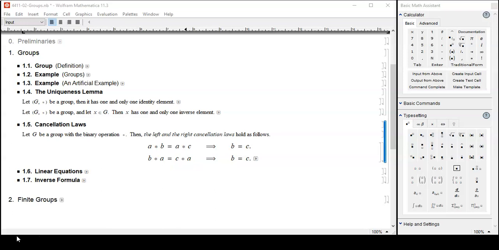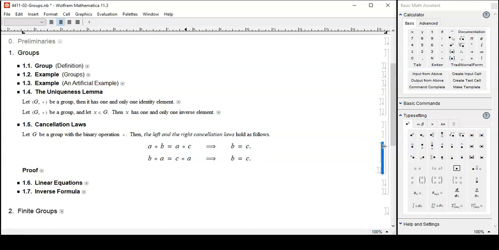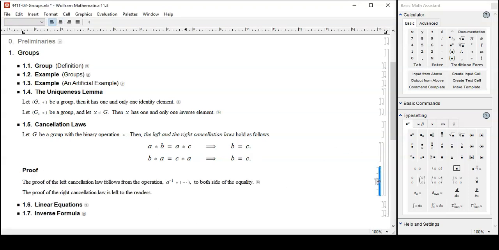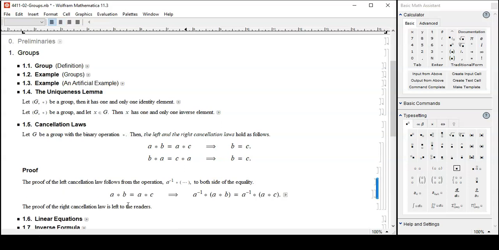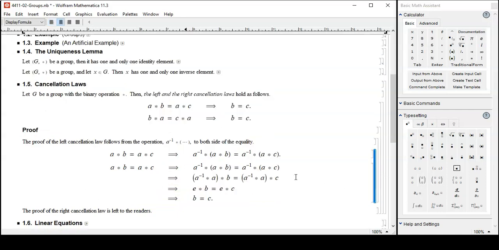All you have to do is to multiply the inverse to the left-hand side or to the right-hand side. Here we go. Multiply inverse to the left-hand side, and then these two will cancel, and these two will cancel. Consequently, the next line follows.